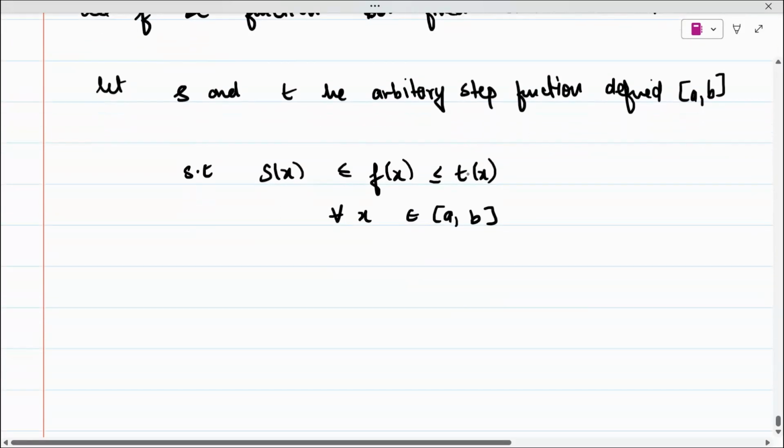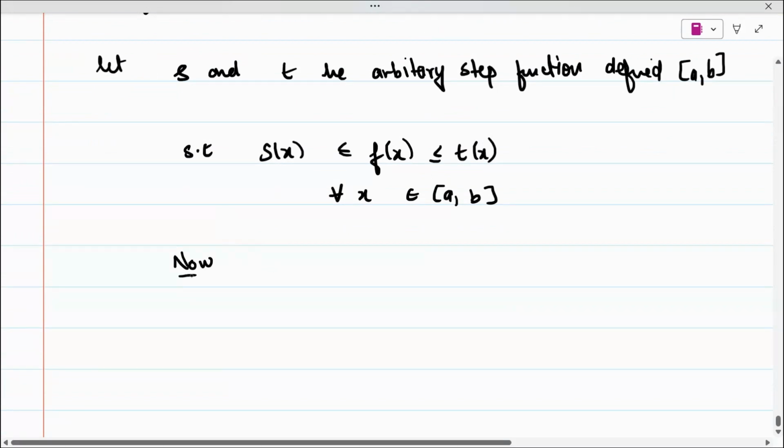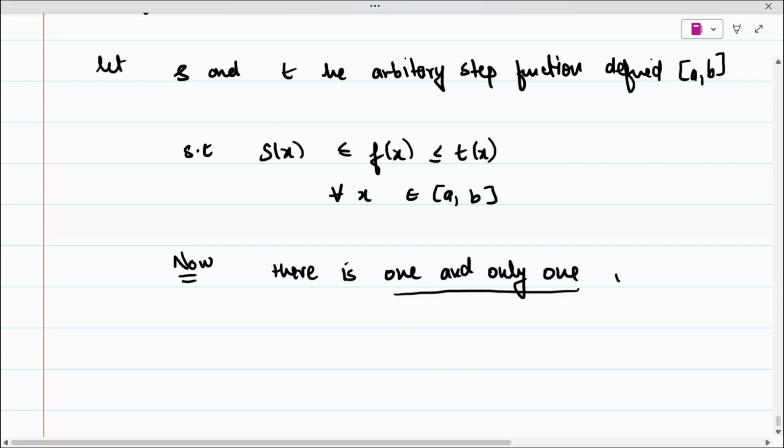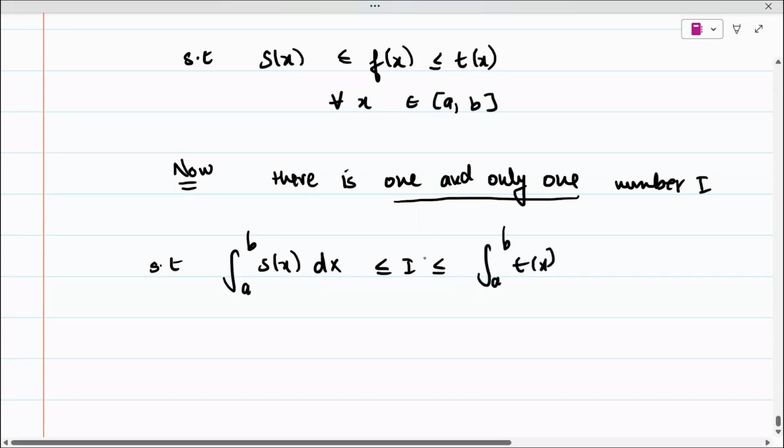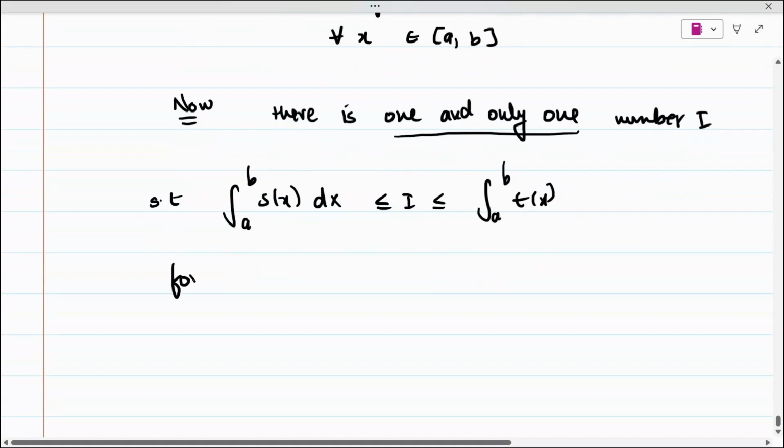Now, second part: there is one and only one number such that this inequality is true for every pair of step functions.